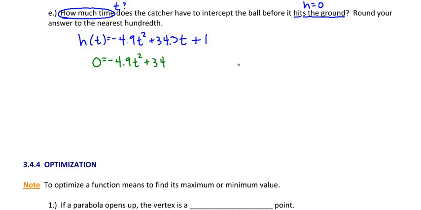Notice this is a one variable quadratic equation, and I don't think this one is easy to factor, so we'll resort to the quadratic formula.